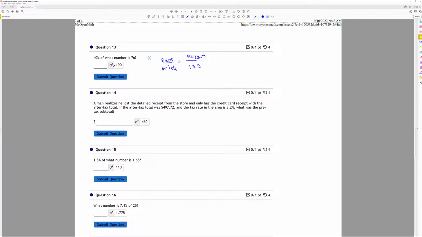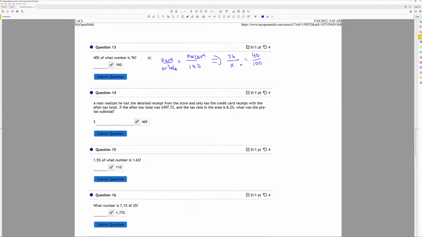So the part that comes after of is the whole, and in this case, the whole is unknown. We have our percent, which is 40 over 100. The part is 76.